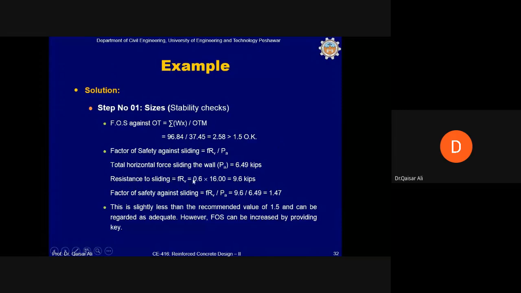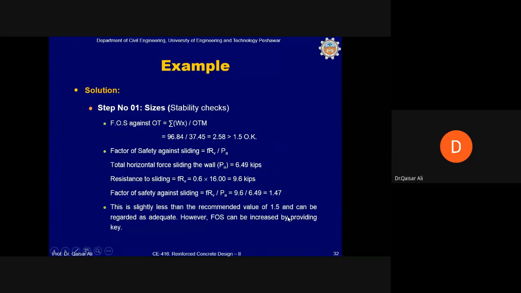And the sliding resistance is 0.6 into 16, 9.6 kips. Factor of safety against sliding is calculated from this ratio of the sliding resistance to the horizontal force coming from the backfill. So this comes out to be 1.47. This is slightly less than 1.5.